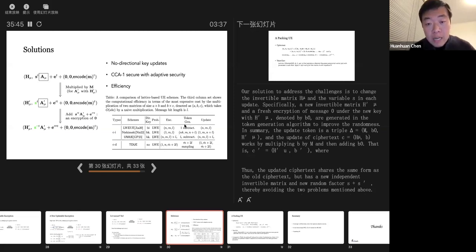But we should note that our token generation process is less efficient compared to the first paper, which used just one subtraction of vectors. But I think it's worth it because we achieved no-directional key updates, while the 2020 paper was just bidirectional.